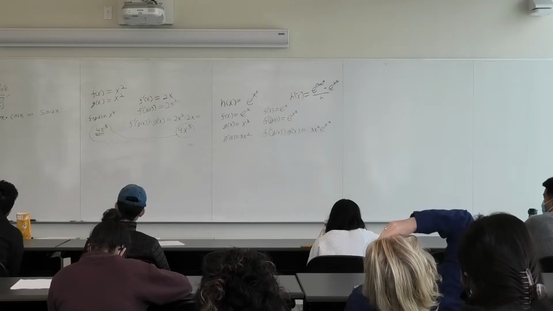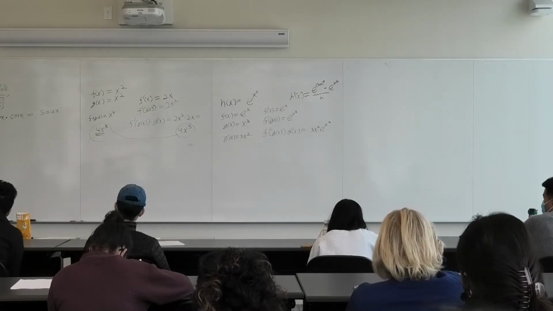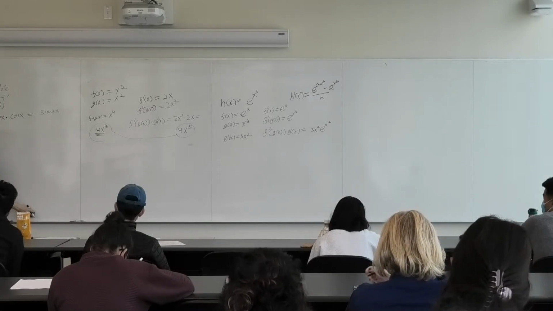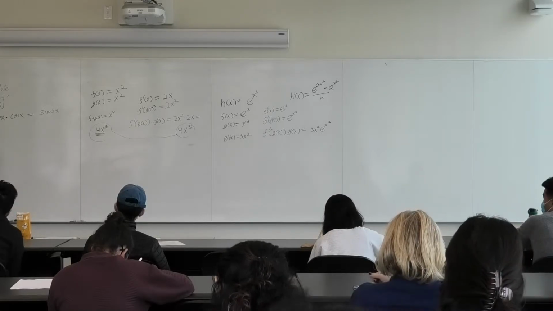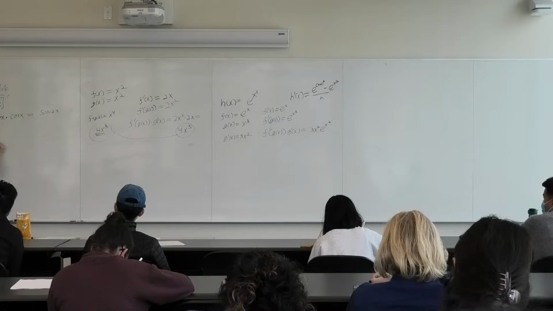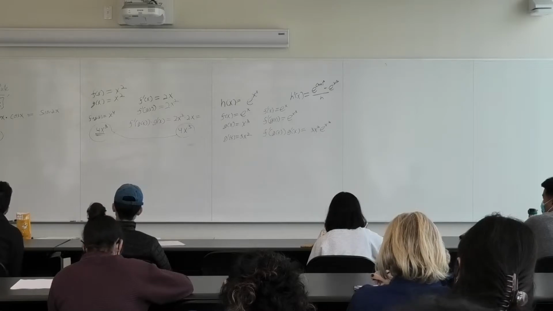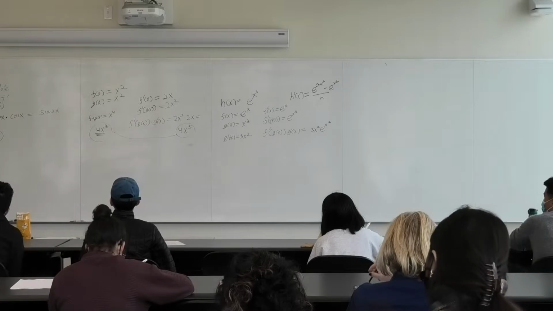All right, let's try something that looks similar but is completely different. What about sine of x squared? Now we've got the composition of two functions but going the other way. Before it was sine and x squared, now it's x squared and sine.